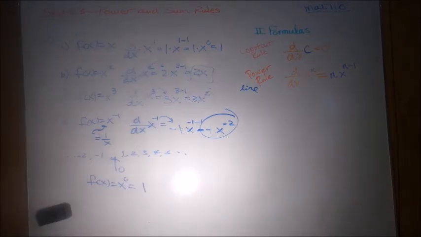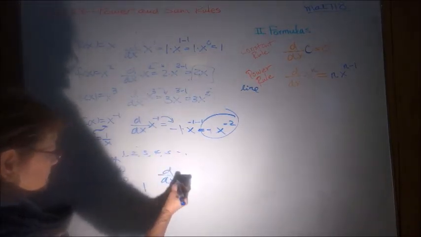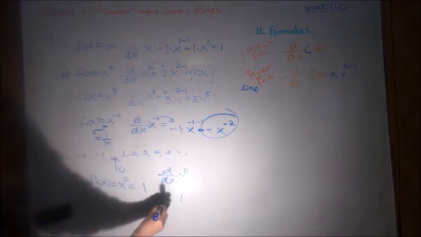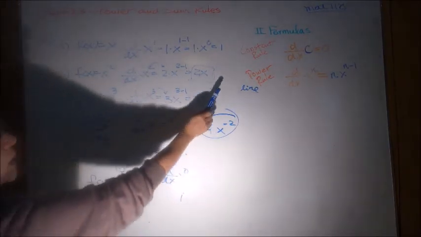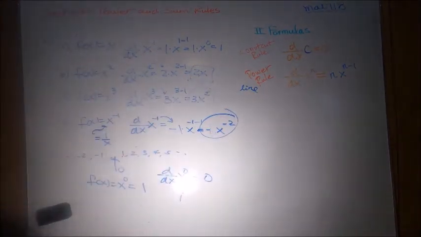It's 1, right? So if you do d dx of x to the 0 power, which is 1, it's a constant. So you use what? Constant rule, so that will be 0. Got it?